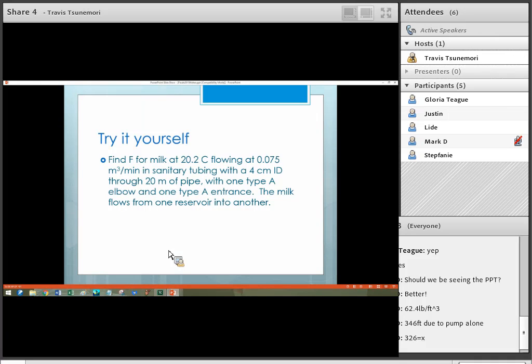So step one is you got to figure out what your Reynolds number is. So why don't you calculate your number, and when you get it, type it up there. Let me make sure that you're on the right path there.